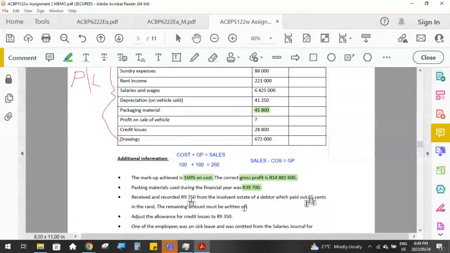So 15,000 times 65 cents equals 9,750. Then 15,000 Rand minus 9,750, which is 5,250, is the credit loss that we have to write off.